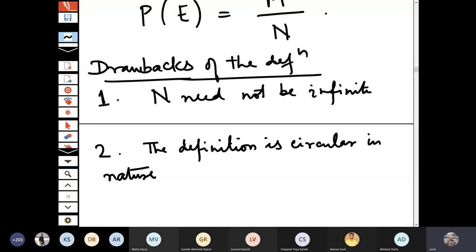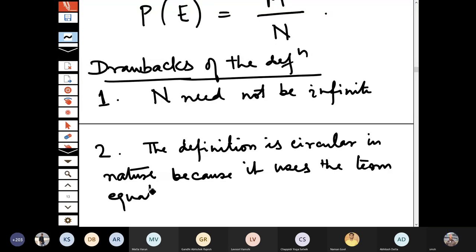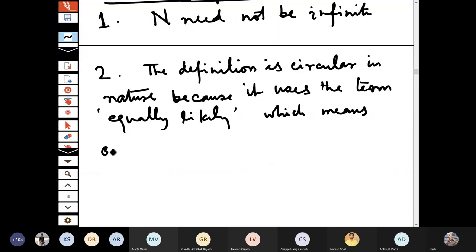So the definition is circular in nature, because it uses the term equally likely, which means outcomes are with equal probability.